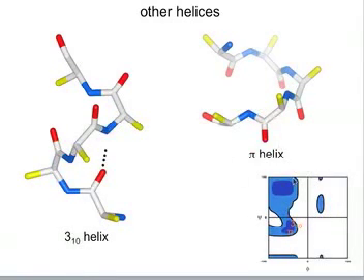And here's a pi helix, so the 3-10 helix is a much tighter arrangement of amino acids, and the pi helix is a much looser arrangement of amino acids. Both of these would be considered unstable, except under special circumstances. So in the case where you'd see a pi or a 3-10 helix, you would see them only in short segments, and then you'd probably see them stabilized by other interactions.